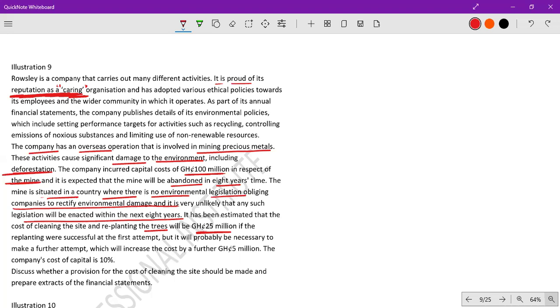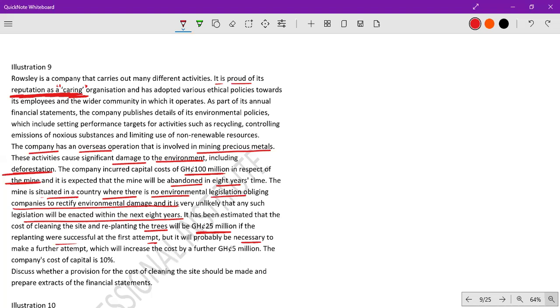How much is the cost? 100 million, 5 million, 25 million. So how much will be the cost? They said it has been estimated that the cost of cleaning the site and replanting of trees will be this if replanting were successful at the first attempt, but it will probably be necessary to make a further attempt.